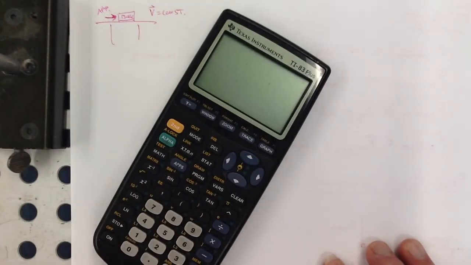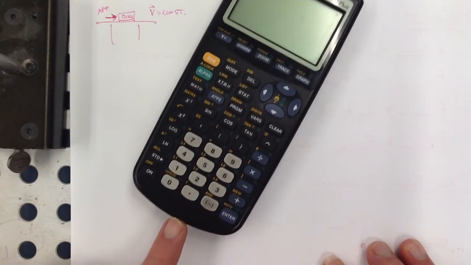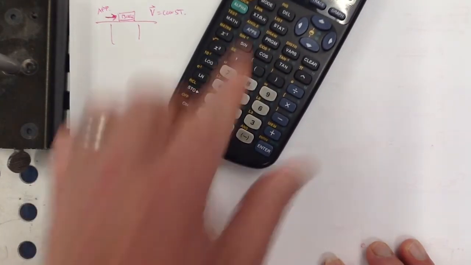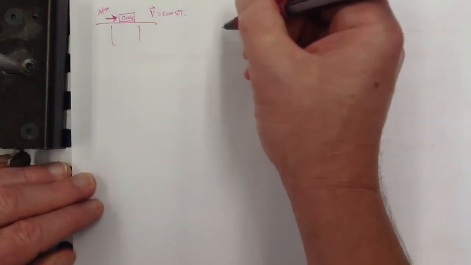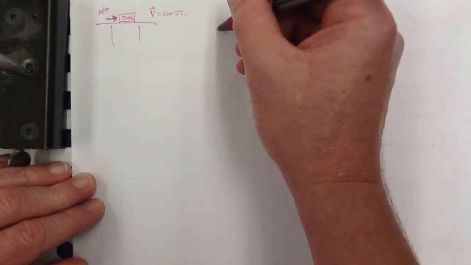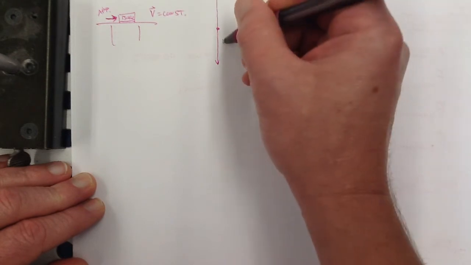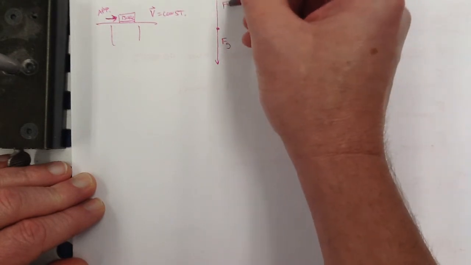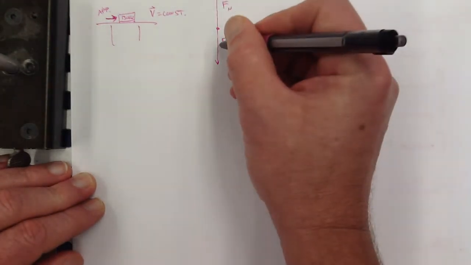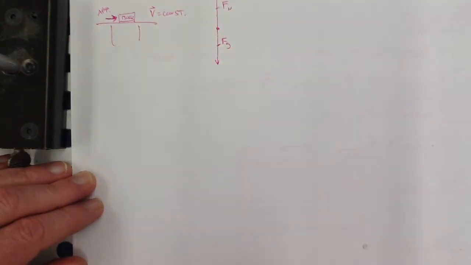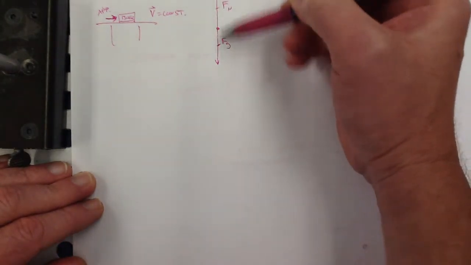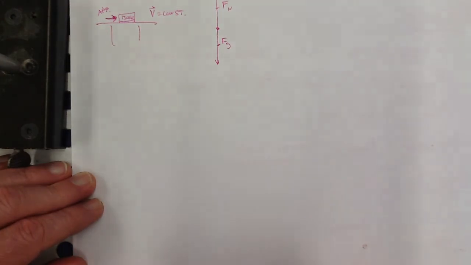So, kind of like this. Let's see what that would look like. Well, the force of gravity and the normal force are still there, and they're still exactly the same as what they were. There's no motion in this direction, so that means those forces must be balanced.